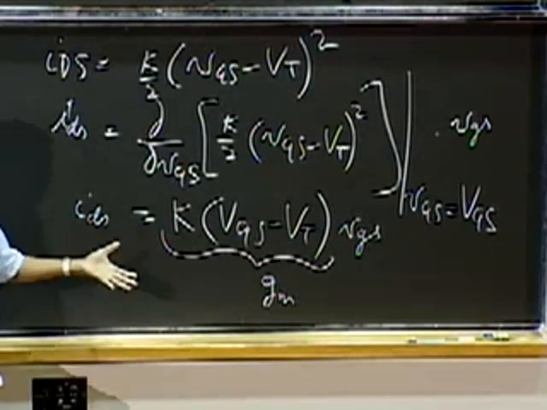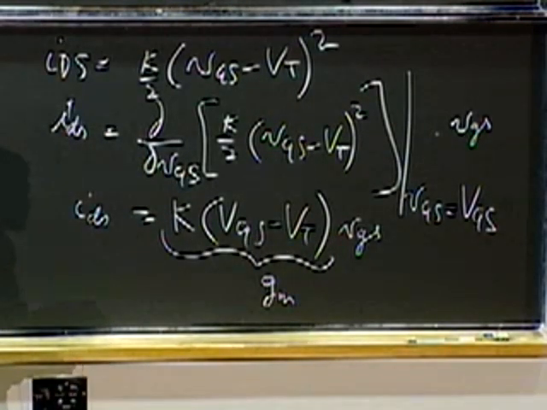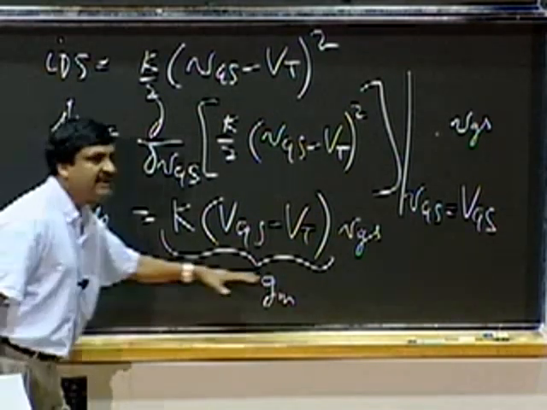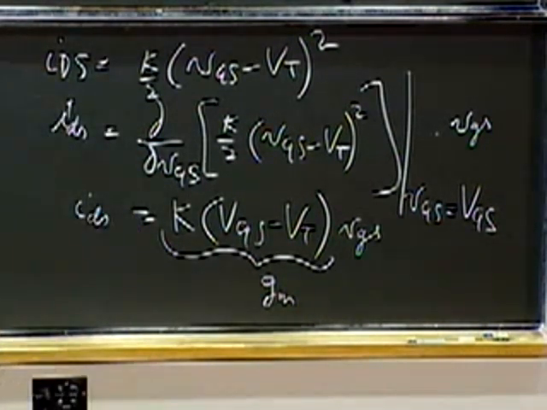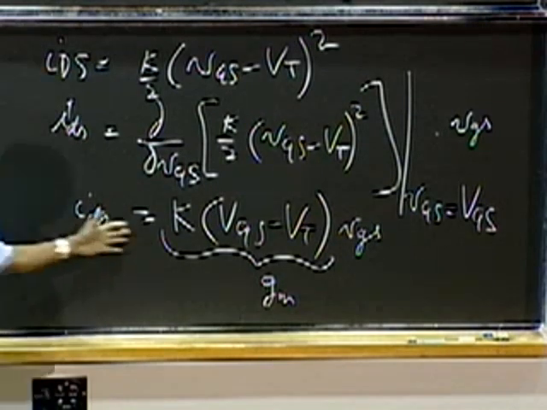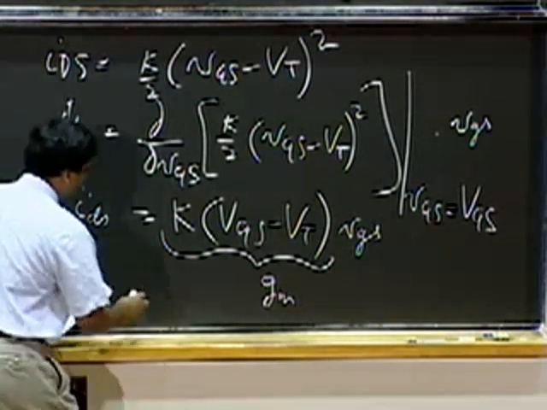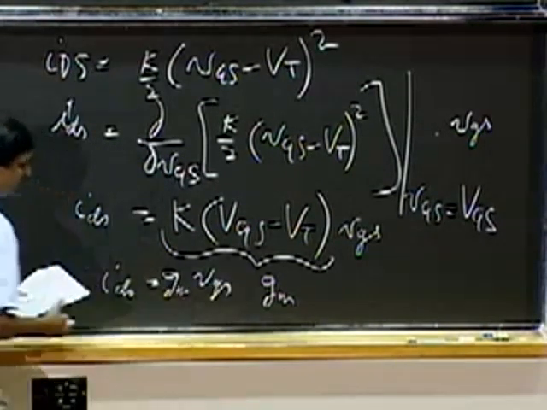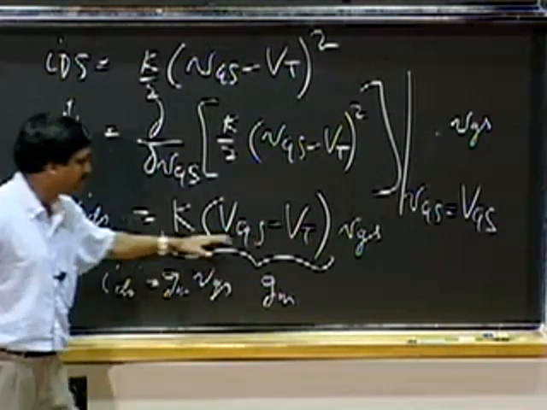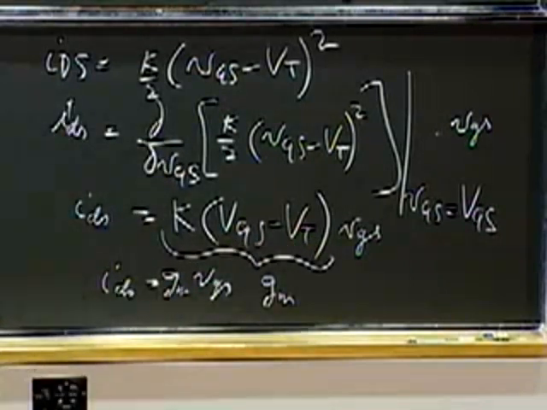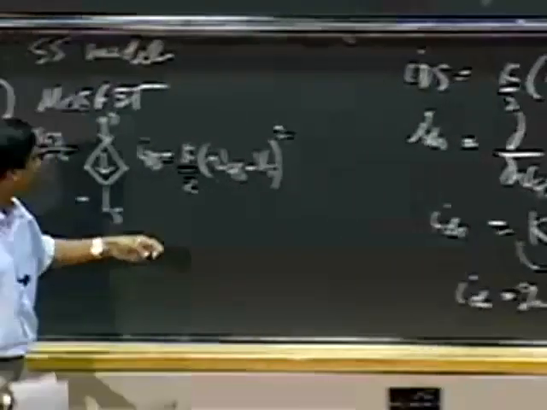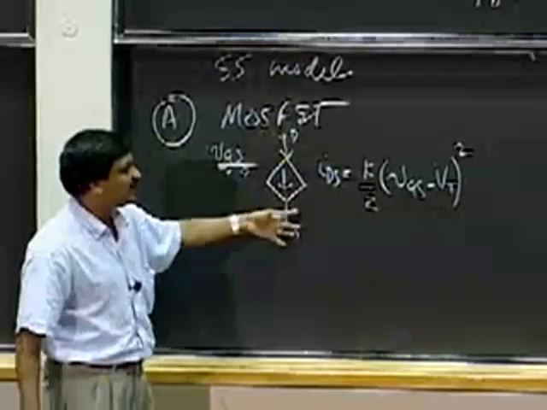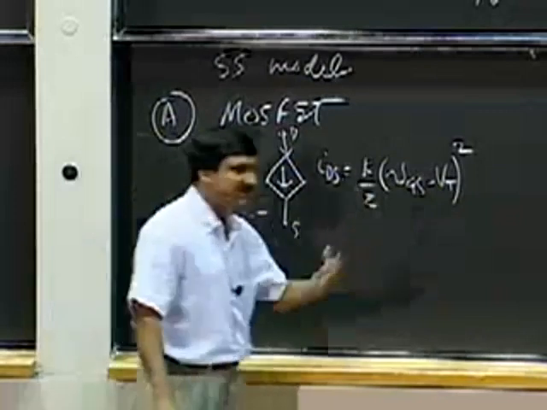So the small signal model for the MOSFET in saturation, not surprisingly, is a linear voltage-controlled current source, according to the following expression: IDS equals GM VGS. GM is a representation for K(VGS minus VT), and it's called a transconductance, because it reflects the conductance properties based on the input.